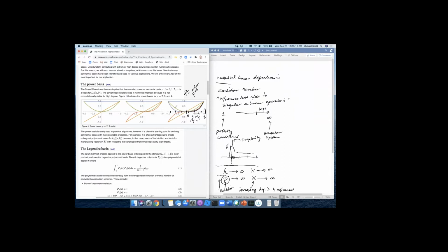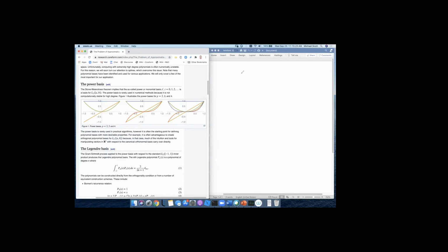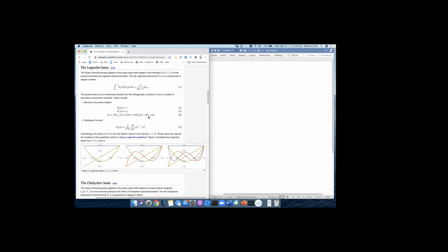And so what you'll find with these bases, like if we move to the Legendre and Chebyshev bases, let's move down here. So these orthogonal bases have much superior conditioning properties in comparison to the power basis, but it also means that to get these optimal conditioning properties, the locations where you sample the polynomials makes a difference, which is why quadrature schemes often are at points for particular bases of polynomials.